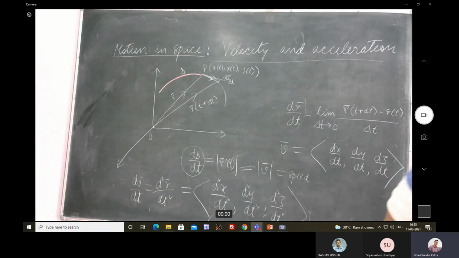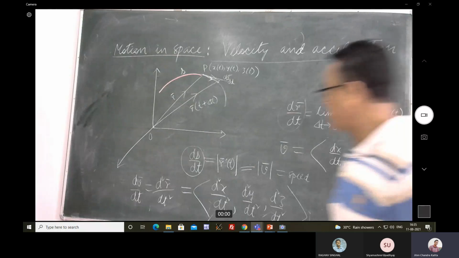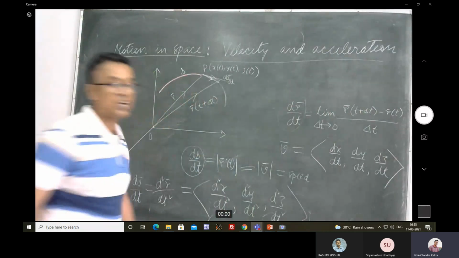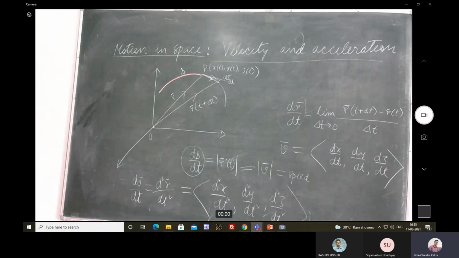Functions of several variables. In fact, we are going to be moving to actual multivariable calculus.